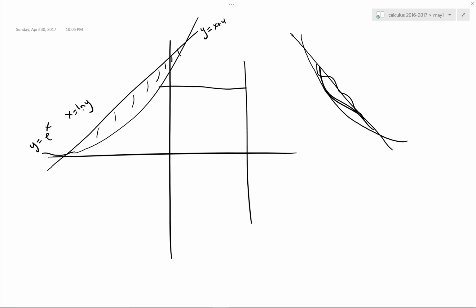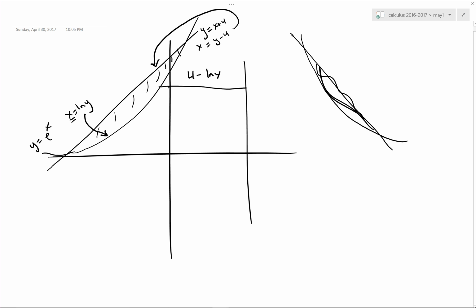So this one's a little tricky. Fair warning, x equals ln of y is this function there. This is x equals y minus 4, that is this straight line over here. So this inner radius is going to be 4 minus that function because, look, it says x equals that. If you tell me what the x is, I will tell you a y, you'll take the ln of it. Boom, piece of cake.